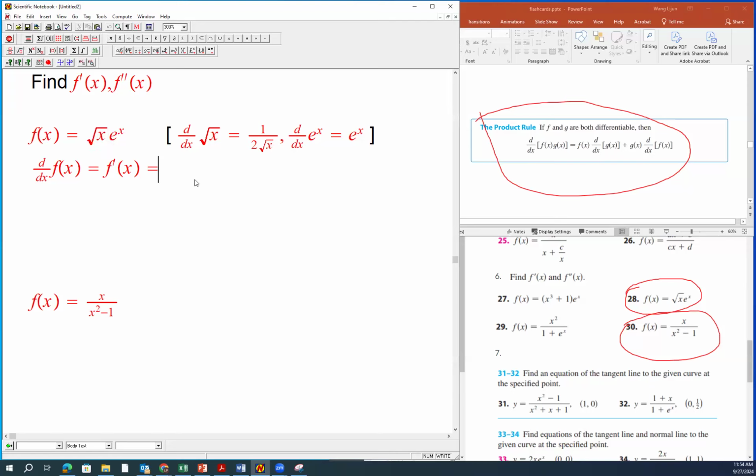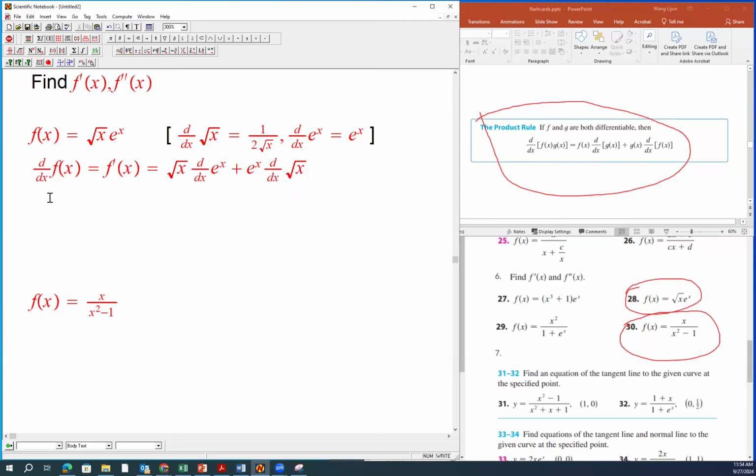I'm not marking it, so I just keep the f and differentiate the g. I can write it this way. And plus, you keep the e to the power x and differentiate the other one. You can write it this way.